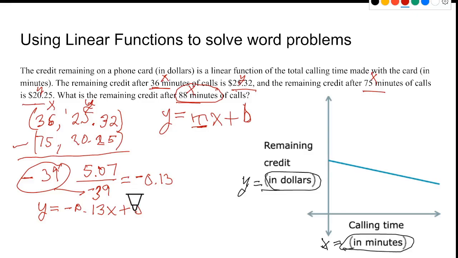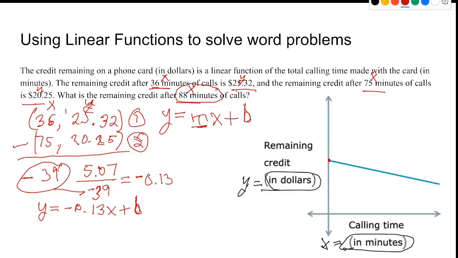Now to find the y-intercept, the b, which is going to be the starting value, that's kind of nice to know what this card is. Maybe it's a $30 card, maybe it's a $40 card. We could probably figure that out. But what we can do is take one of the points, and here's point 1, here's point 2, and we plug it in.